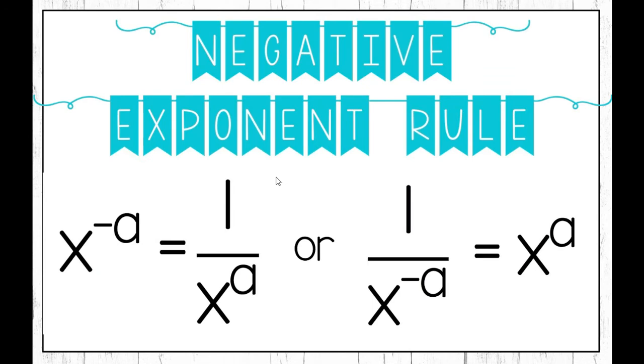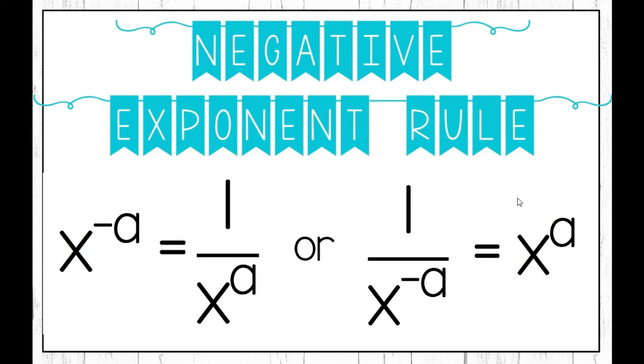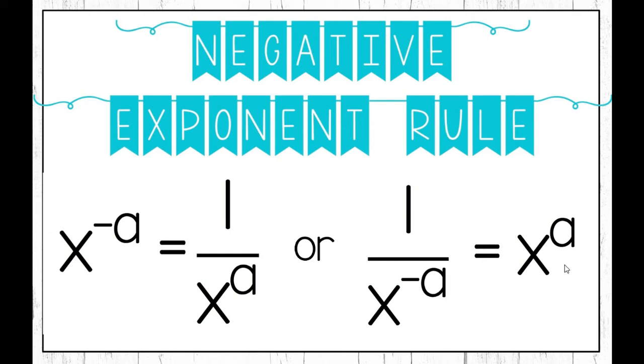So you can either go from the numerator where it's negative to the denominator where it's positive, or from a negative exponent in the denominator to a positive exponent in the numerator. So we need to have all of our answers showing only positive exponents.